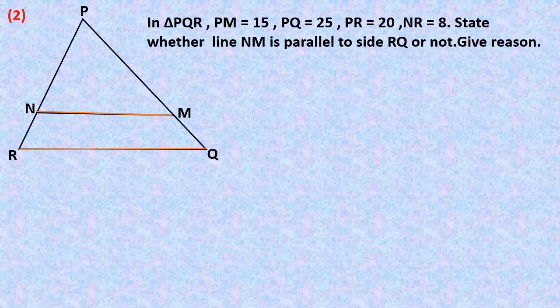That is PQ minus PM is equal to, substituting the value of PQ is 25 minus the value of PM is 15. The subtraction is 10.